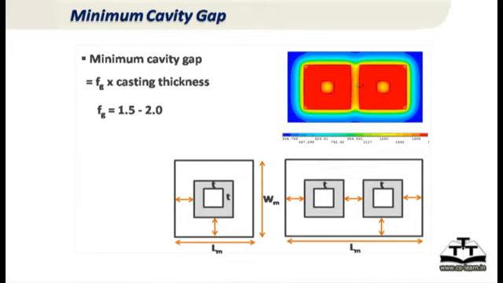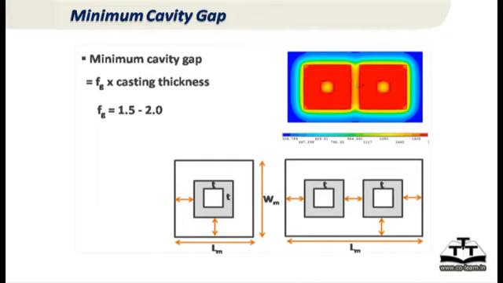So if you have, let us say, again the same 10 centimeter casting, but now the wall thickness is only, let's say, 4 centimeters, then the minimum distance between two castings of 4 centimeter wall thickness should be equal to 8 centimeters. Or if you have a 2 centimeter wall thickness, the minimum gap should be equal to 4 centimeters, twice the wall thickness in the neighboring area.